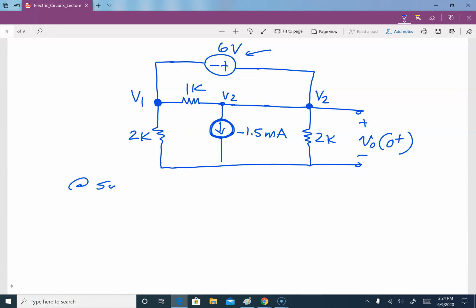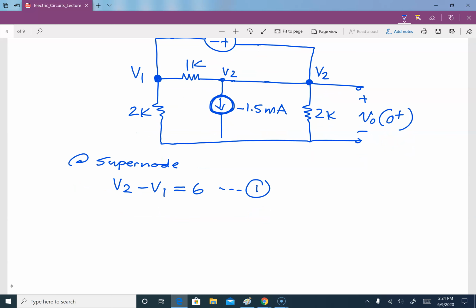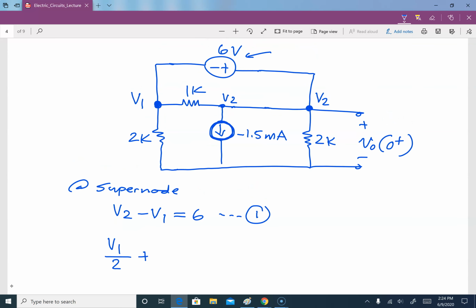So at the super node, we can write V2 minus V1 is equal to 6, and this is our first equation. Then we are going to write at V1, so V1 over 2. So now if you look at this point here, we finish that.